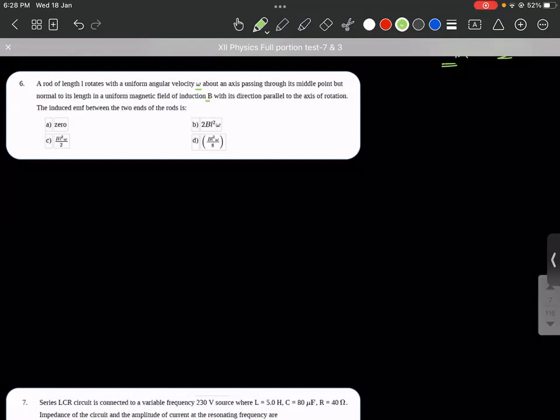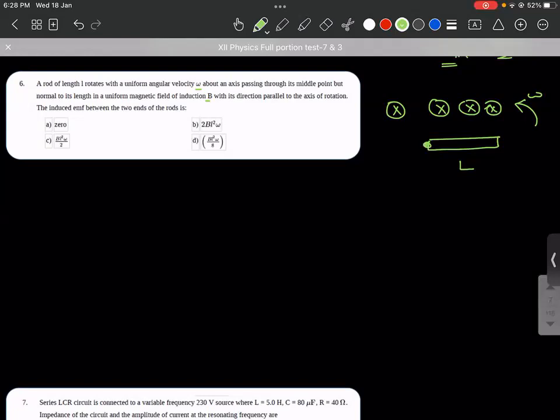See, there is a rod of length L, which revolves with a uniform angular velocity omega about an axis passing through its midpoint, but normal to its length in uniform magnetic field. The uniform magnetic field is in the direction parallel to the axis of rotation, so it is into the plane. And this rod is revolving.